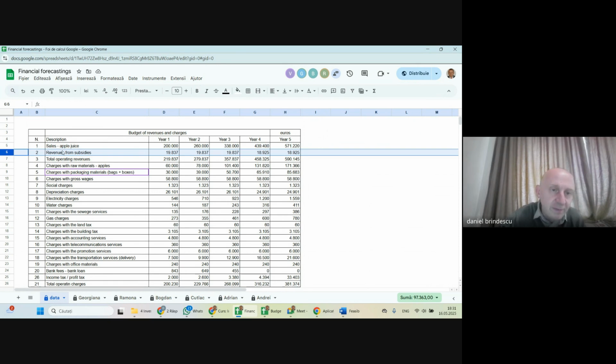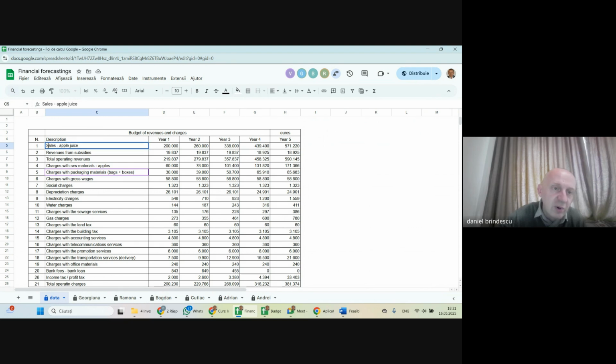So, maybe to be more clear, let's say here cash inflows from sales of apple juice. And on the second line, I'm going to write cash inflows from subsidies for investments.